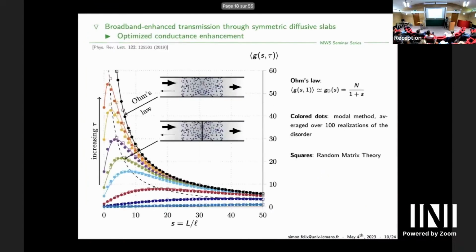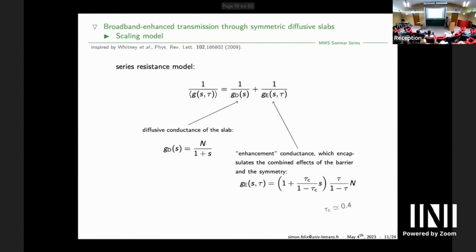And so yes, the third model is a very simple empirical model, and it will describe these continuous lines. The idea is that we write the resistance of the system, which is the inverse of the conductance here, as being simply some series model.